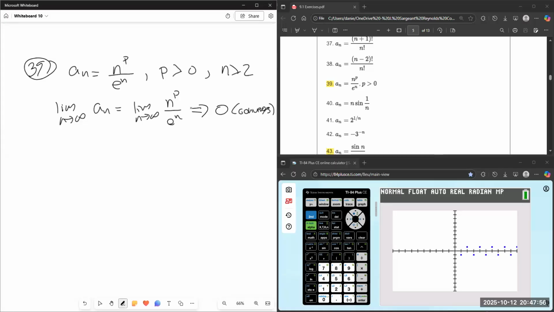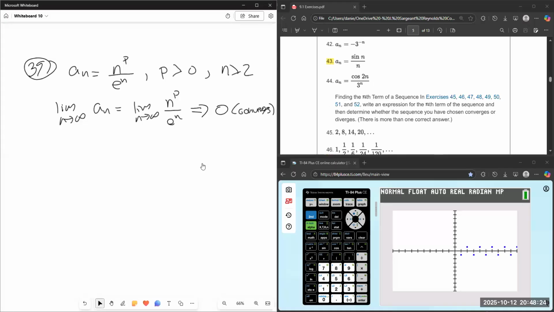If P was 3, if I took three derivatives, I'd have a constant over infinity, which would go to 0. If P was 100, if I took 100 derivatives, I'd have a constant over infinity, and it would go to 0, so on and so forth.